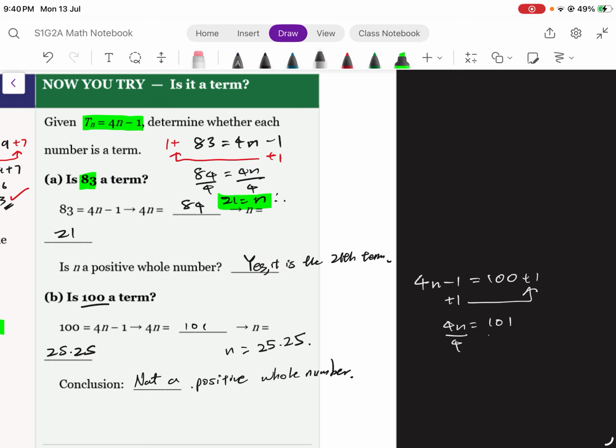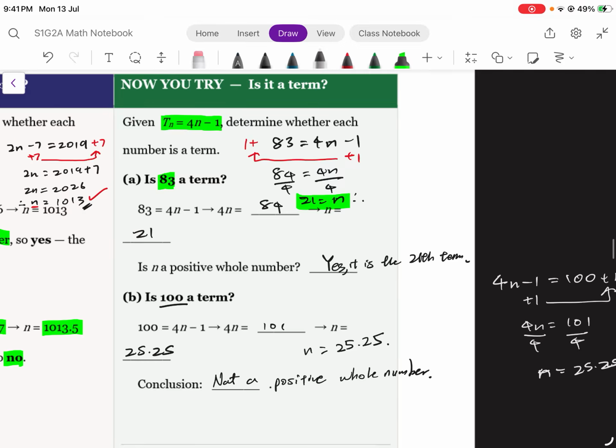So divide by 4 on both sides. You will get 25.25. Since it's not a positive whole number, it is not part of the number pattern for this general term 4n - 1.